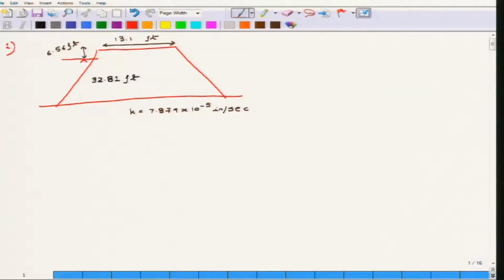So now we are going to draw the phreatic line first, and we will take help a little bit of mathematics here from the parabola. So the first thing is that the height h of water on upstream side is equal to 32.81 feet, that is this height.